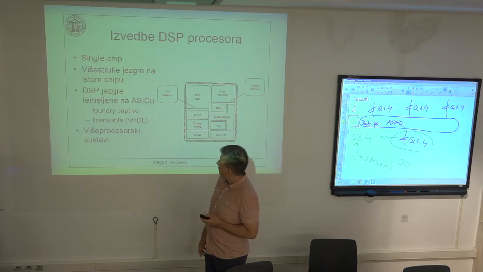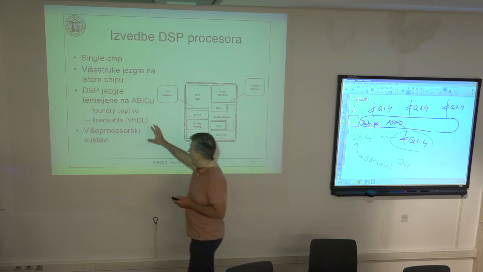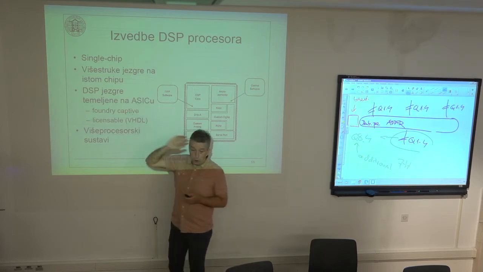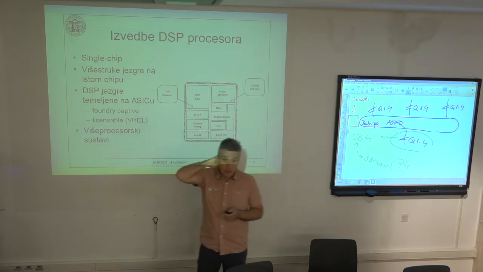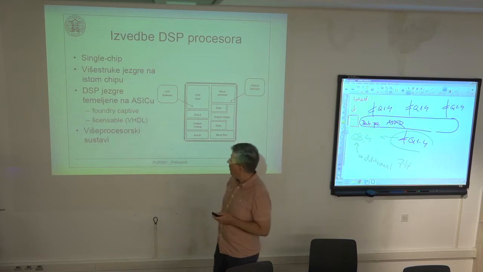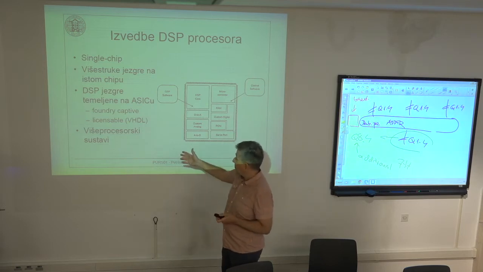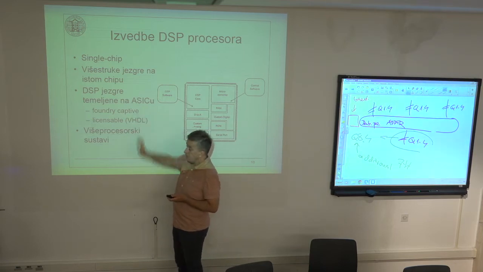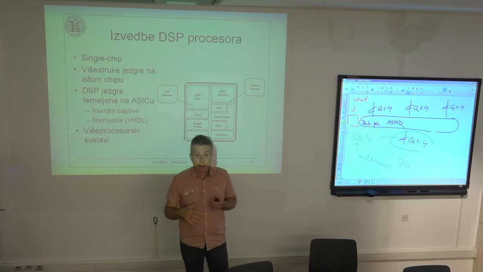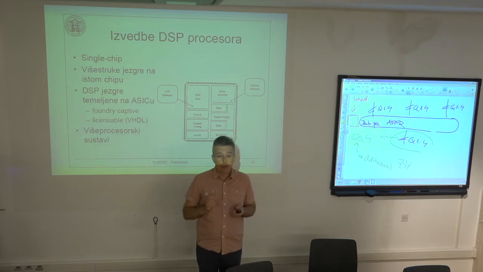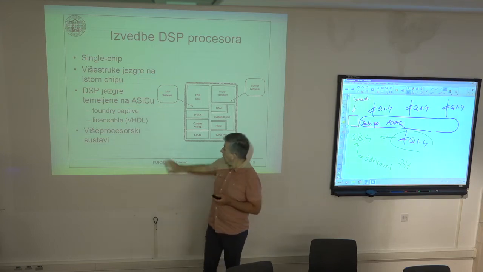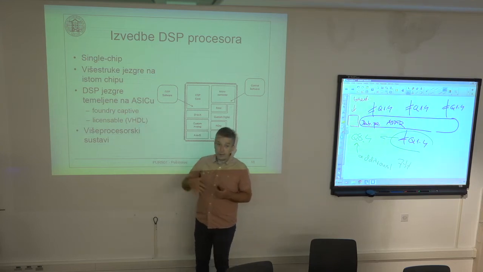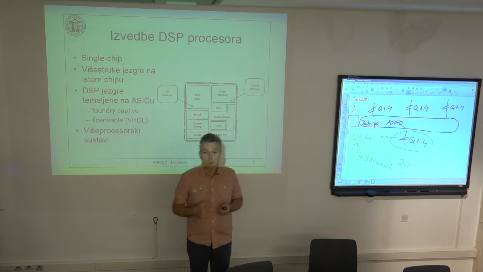But nowadays, these DSPs are mostly some kind of ASIC cores. This core can be a licensable core. You buy a license for a VHDL description of a DSP core, and you integrate this IP, intellectual property, this soft IP core described through VHDL, together with the rest of your digital design.